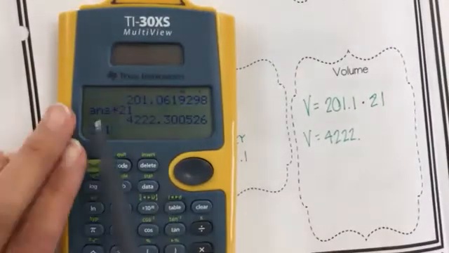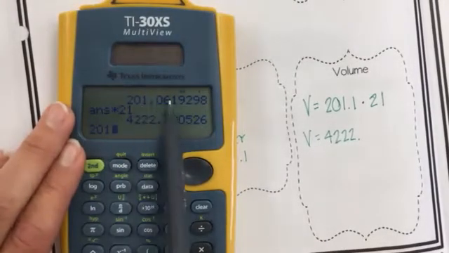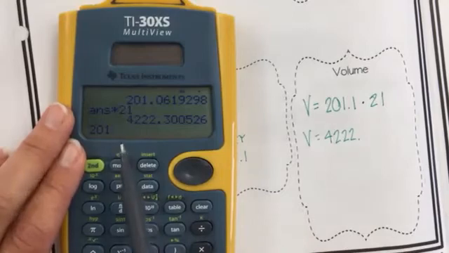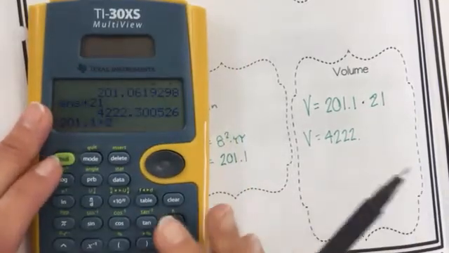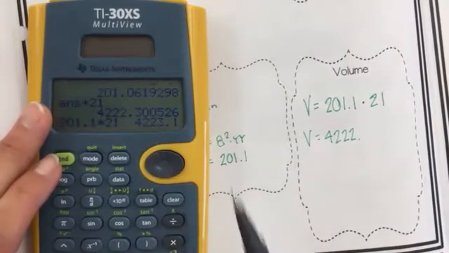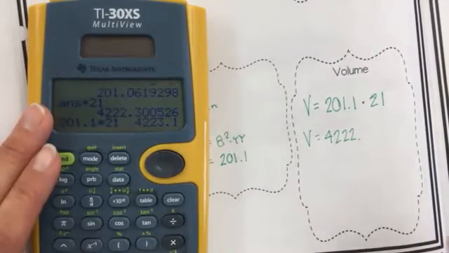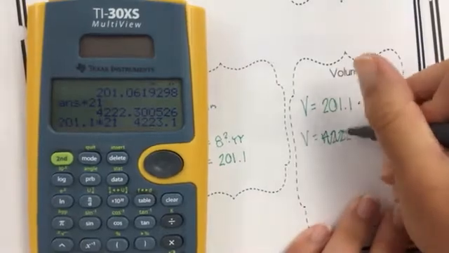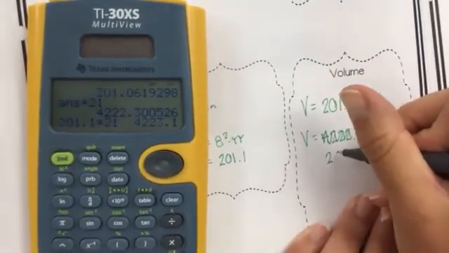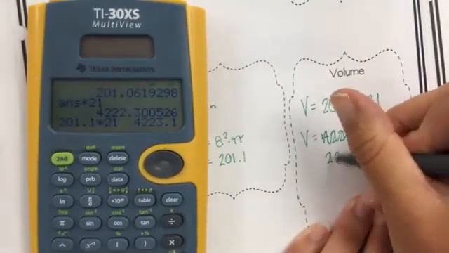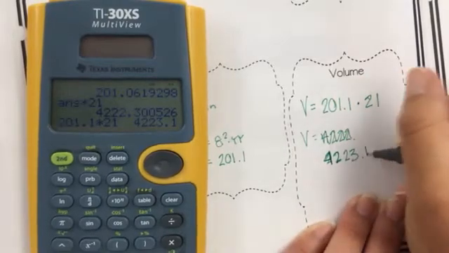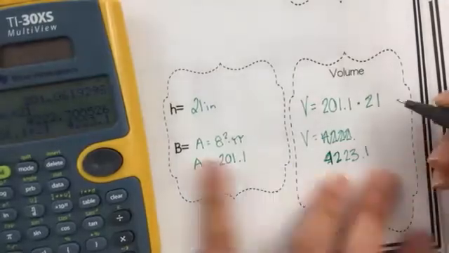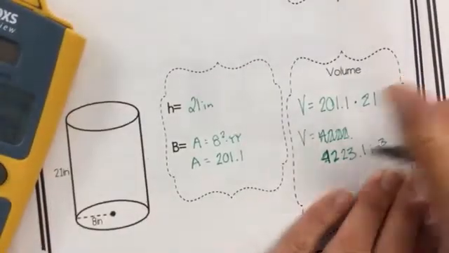Do you see how I just took the 201 in the long decimal and I took it times 21? And this is what I get. If we take the rounded number times 21, our answer comes out different. Do you see that? Okay. So I'll put the rounded answer in here, but then I want to talk about something with you guys. 4,223.1, and we are dealing with inches cubed.